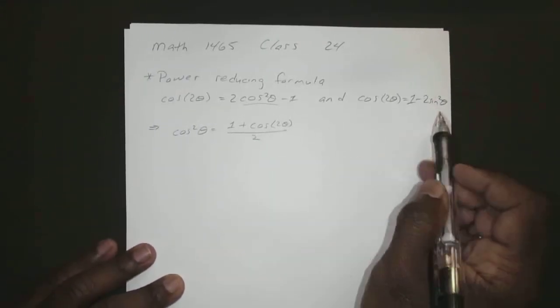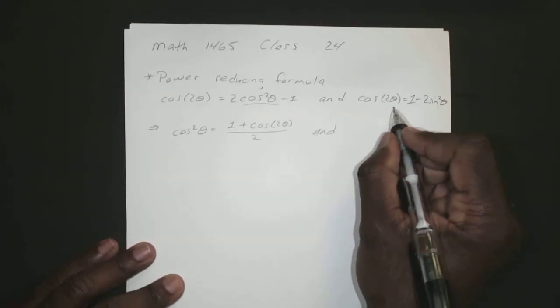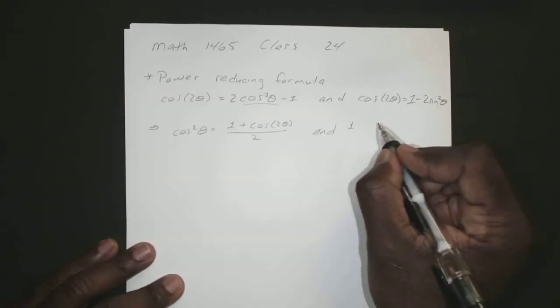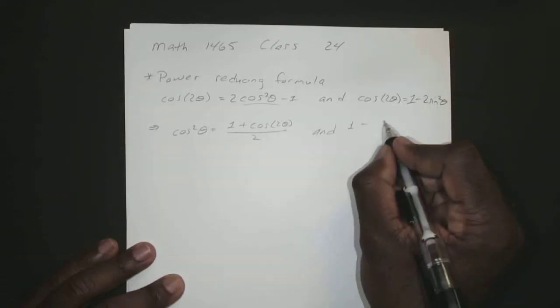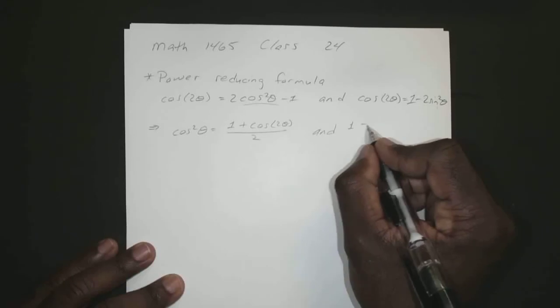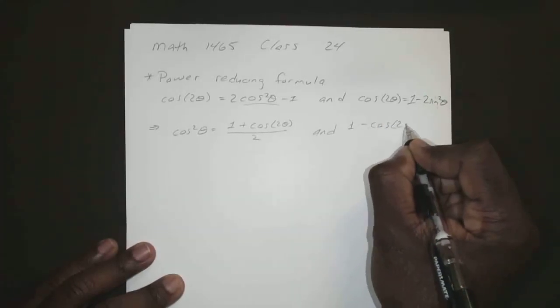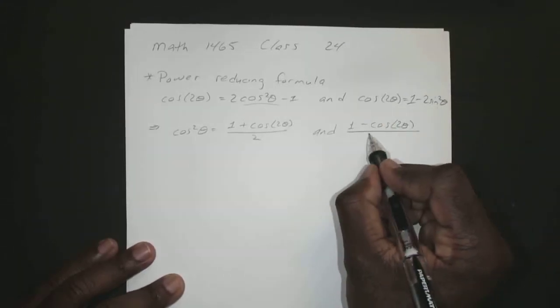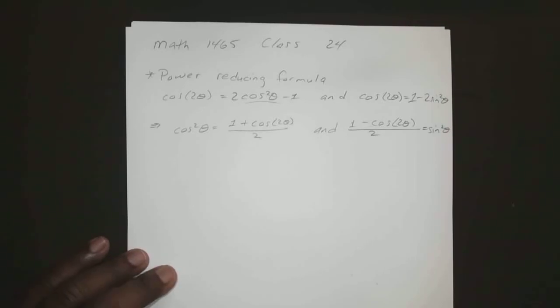And same thing here, if we solve for sine squared, that's 1 minus, I guess you can say, subtract 1 from both sides, multiply by negative 1, 1 minus cosine 2 theta divided by 2 is sine squared theta.